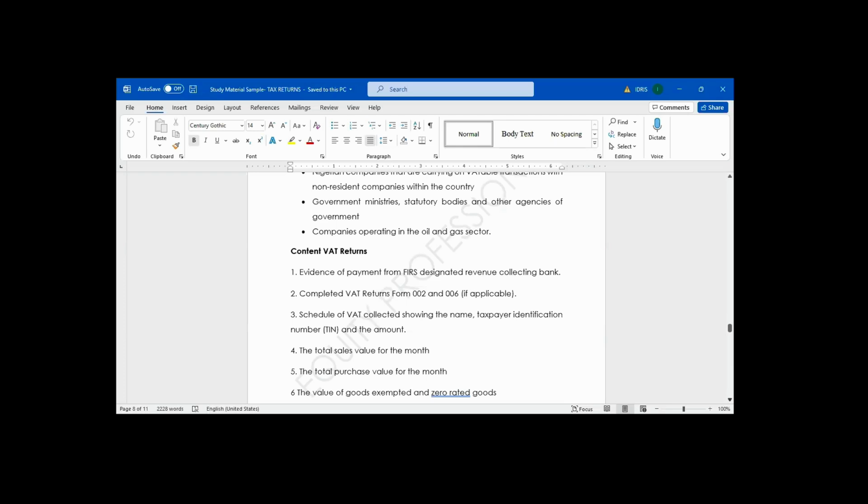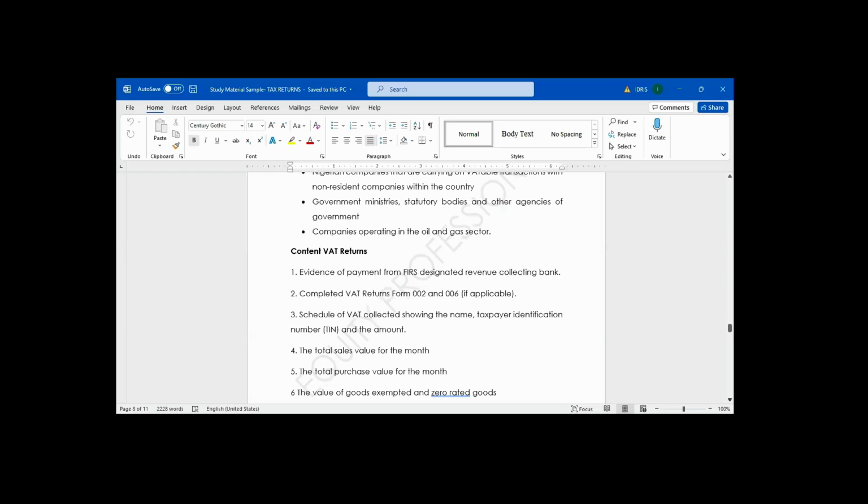Number three, schedules of VAT collected, showing the name of the company, the taxpayer identification number, and the amount. Number four, the total sales value for the month.